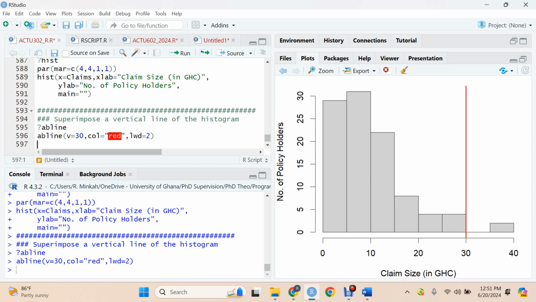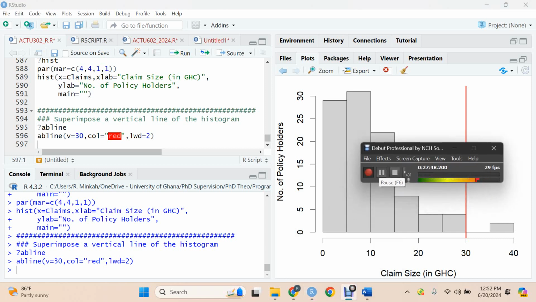So how can I find the proportion of claims that were greater than 30,000? You have chosen your own point. So whatever we do, you can do it on yours as well. How can I find this?